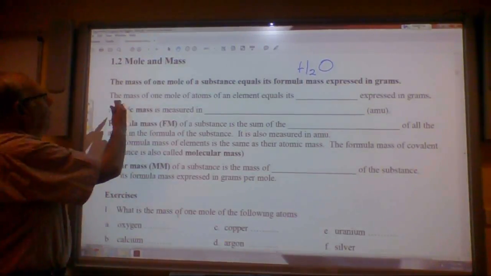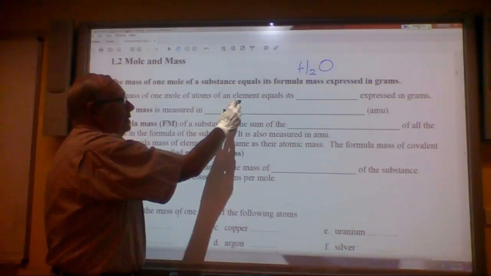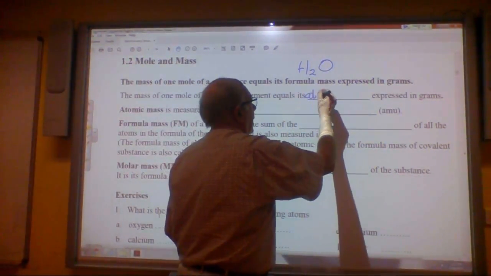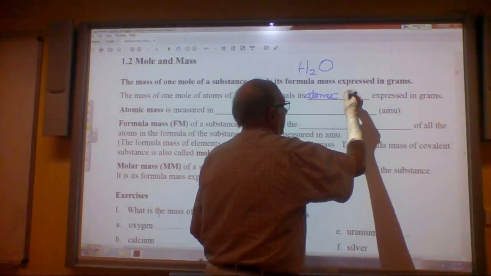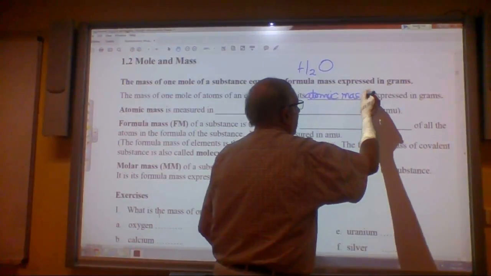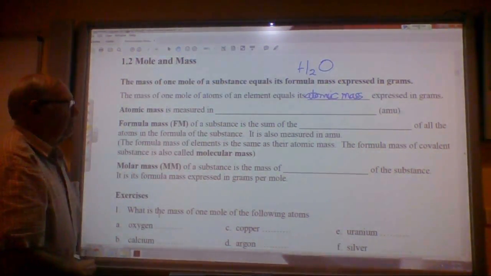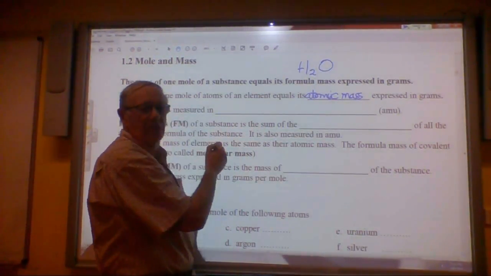So the mass of 1 mole of atoms of an element is equal to its atomic mass expressed in grams. Now, atomic mass is measured in what are called atomic mass units.